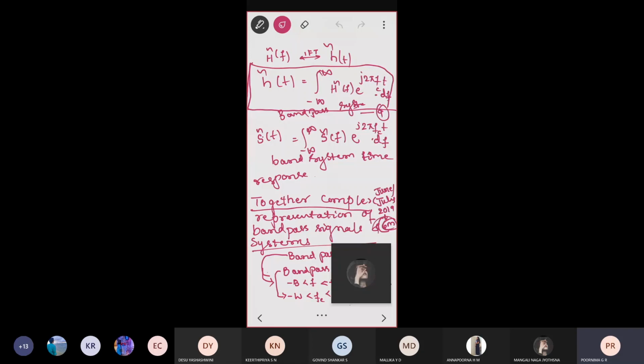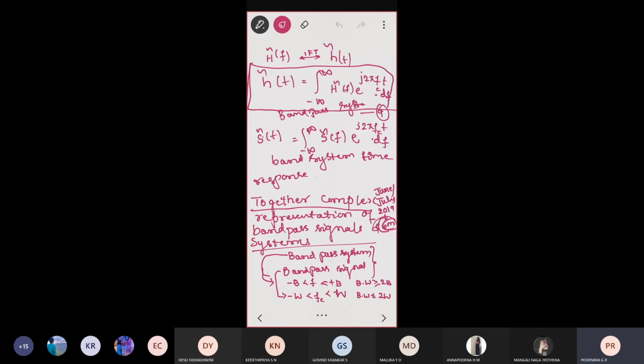Now, when we combine both bandpass systems and bandpass signals, that is, when a bandpass signal is passed over a bandpass system, what will be the net resultant effect? That is what I started discussing yesterday, and I'll continue the same topic in this class.